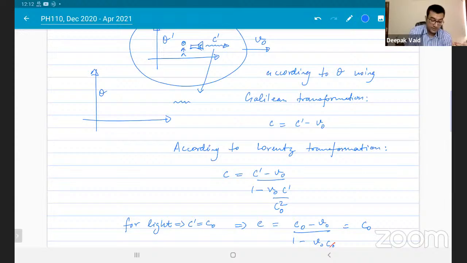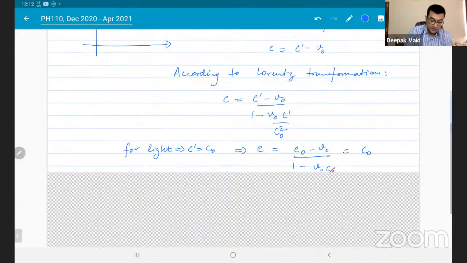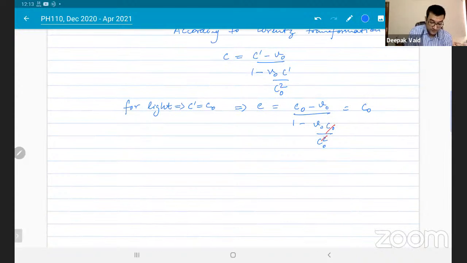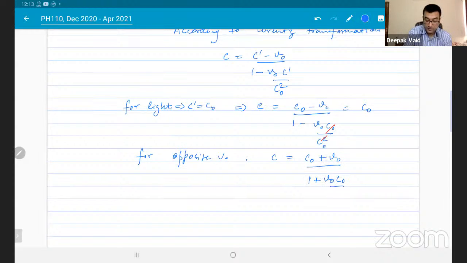You can ask what happens if this observer is moving in the opposite direction. If it's moving in the opposite direction, for opposite v naught, you will get (c naught plus v naught) over (1 plus v naught c naught by c naught squared), which will be equal to c naught.